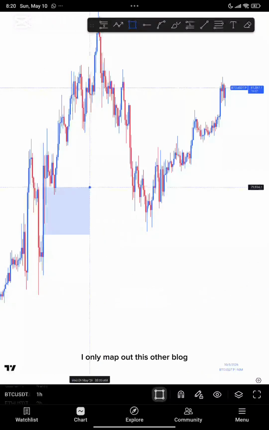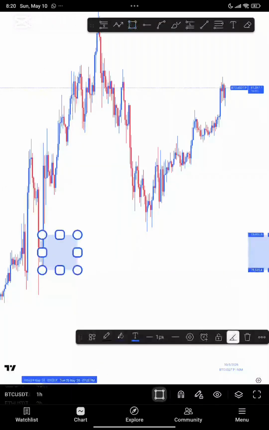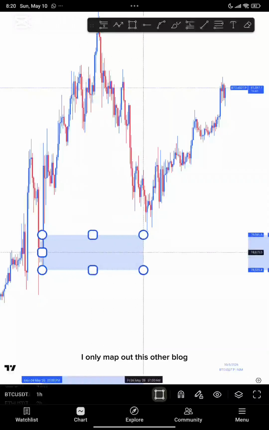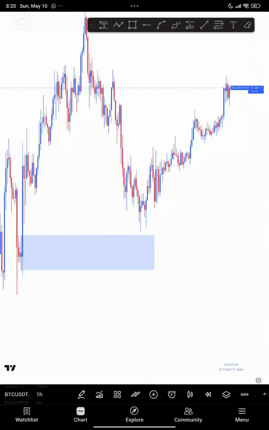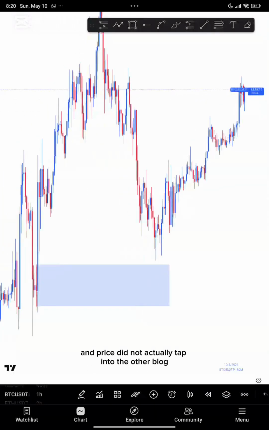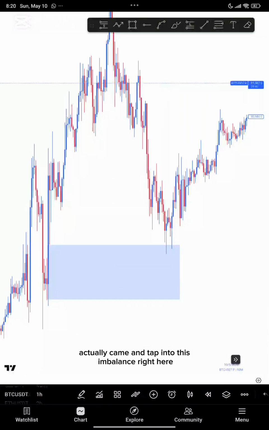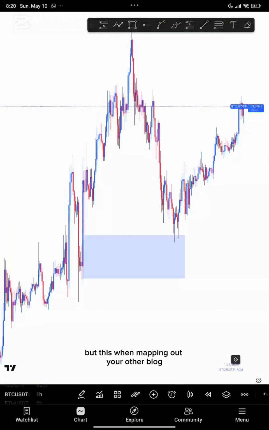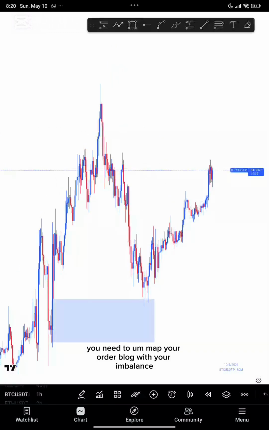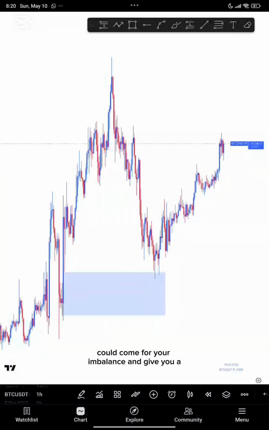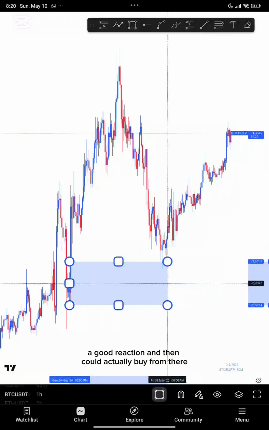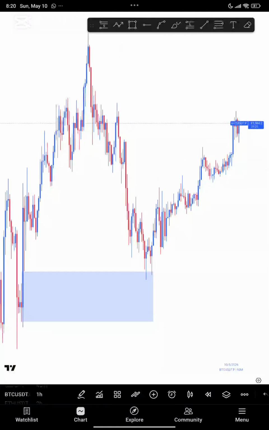I only mapped out this order block, and price did not actually tap into the order block. Price actually came and tapped into this imbalance right here. But when mapping out your order block, you need to map your order block with your imbalance, because most times price could come for your imbalance and give you a good reaction, and then could actually buy from there.